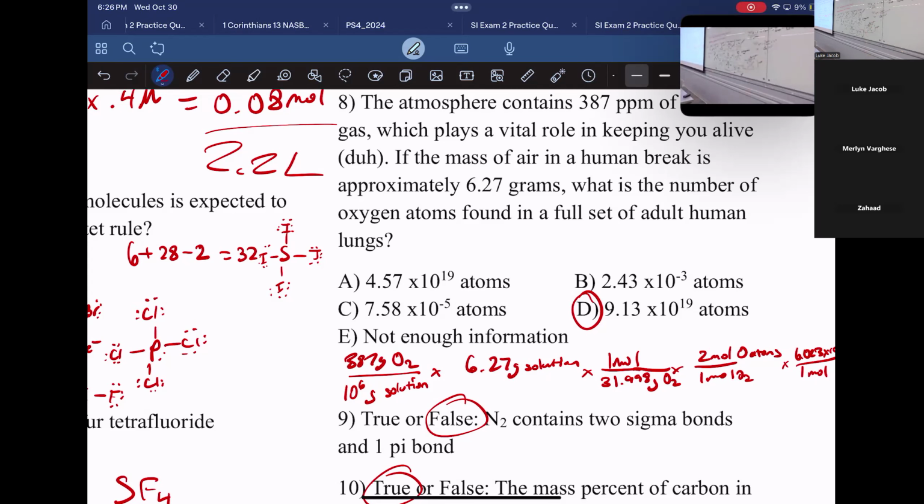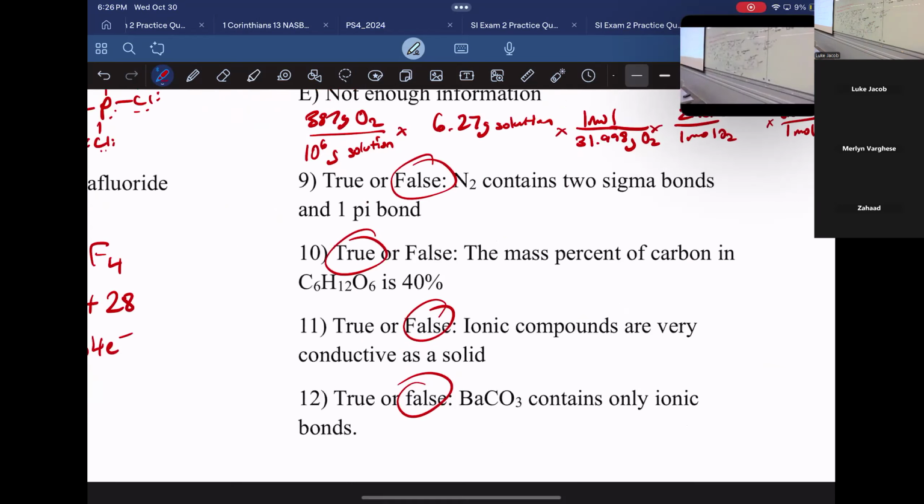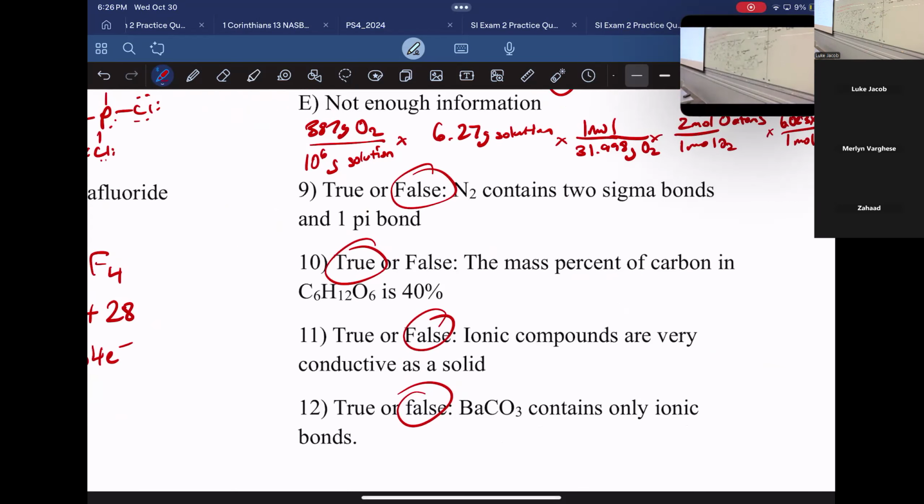Okay. Moving on. These are some true or false questions. Nitrogen contains two pi bonds and one sigma bond. So pretty chill question. This is testing mass percent. I realize I didn't put a lot of mass percent on here. There will be a couple of mass percent questions, which is not bad, just parts over whole times 100.